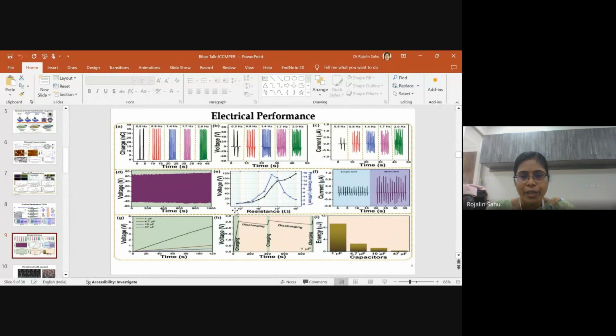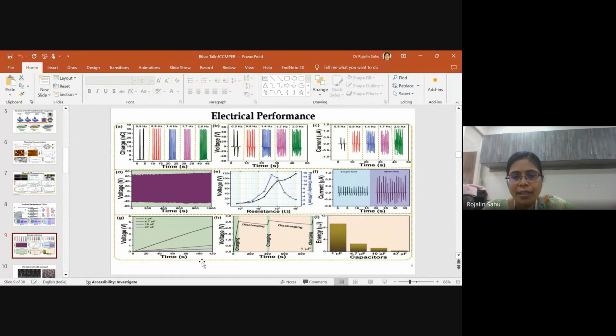And similarly, we have checked the current with respect to resistance, and the maximum power output is 1.6 mega ohm with a load resistance of 10 to the power 9 ohm.